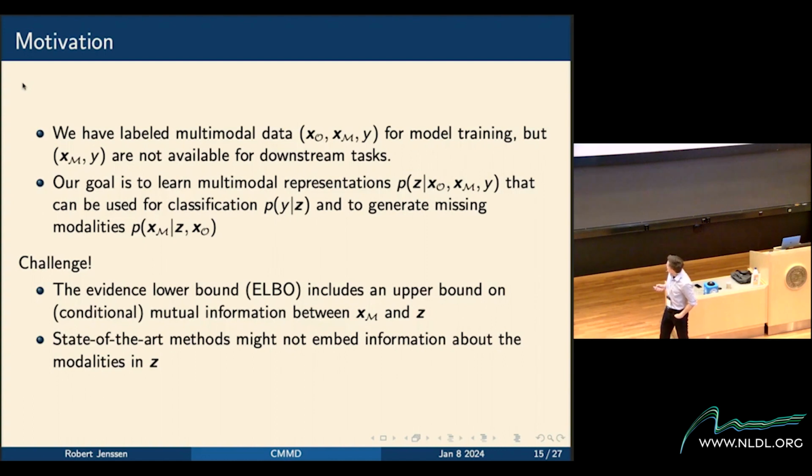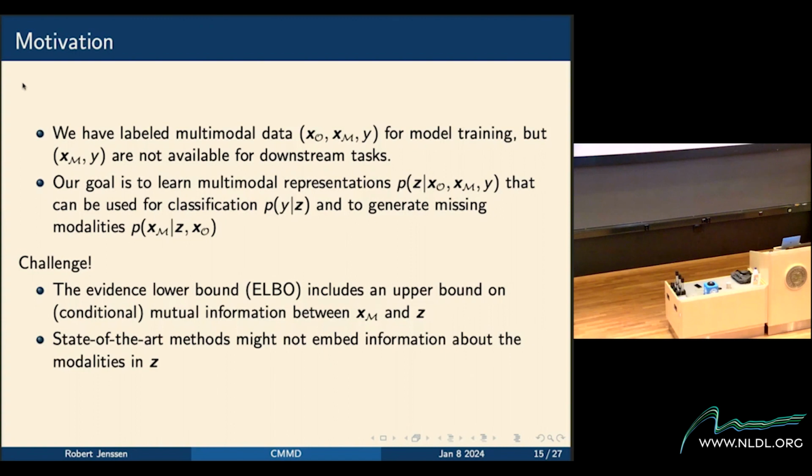Then it should be said that when it comes to this particular setting, there are some additional challenges that we build upon from recent literature. We're not going to go into all the details here, but we will see a little bit of it. It has to do with mutual information.